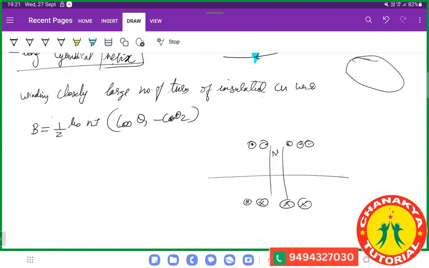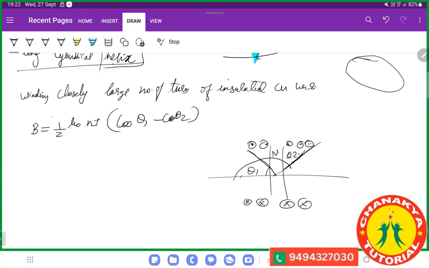So if I take a point here at some angle, that is theta 1, and this other particle at angle theta 2.